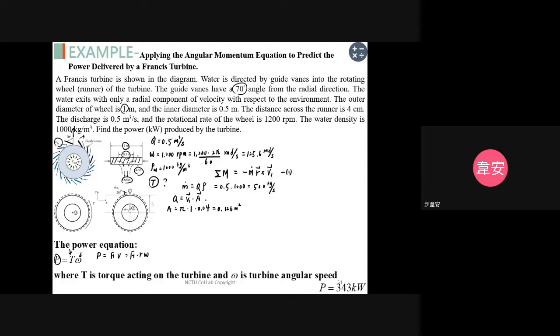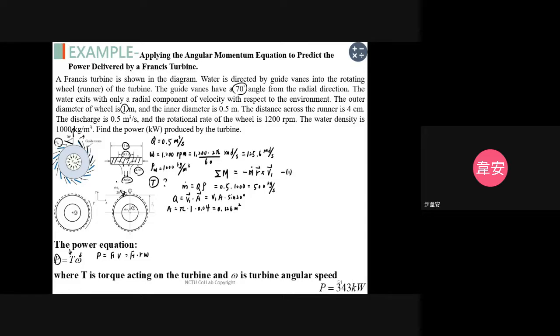So this is equal to V1 multiplied by the cross-section area and with the sine 20 degrees, because we need to project the velocity along these directions.